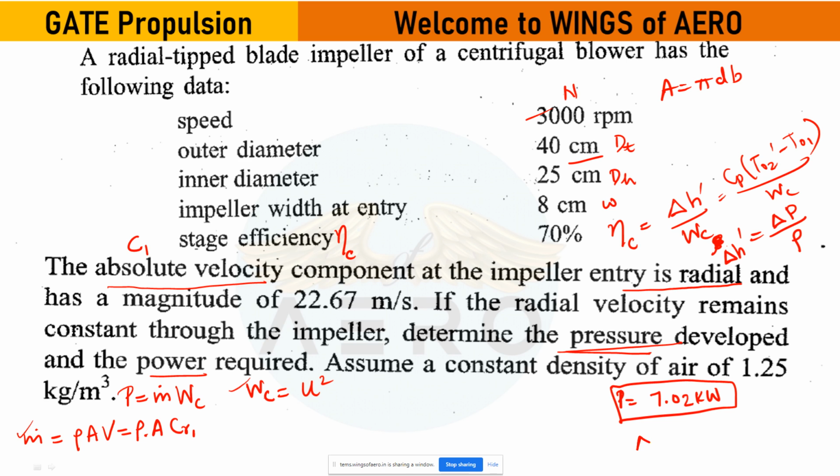And the change in pressure is 34.66 Newton per meter square. Just ensure this answer. Are you getting this value or not? Have you noted down the given data? Yes, ma'am. Okay.